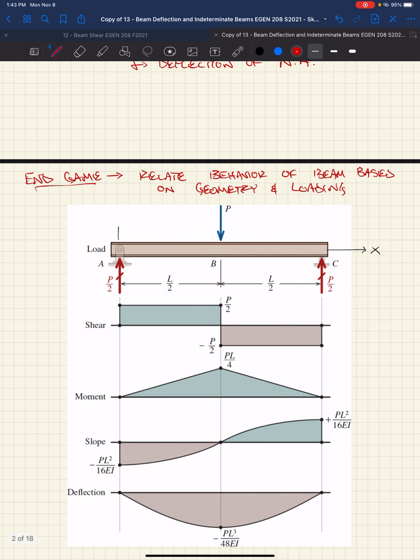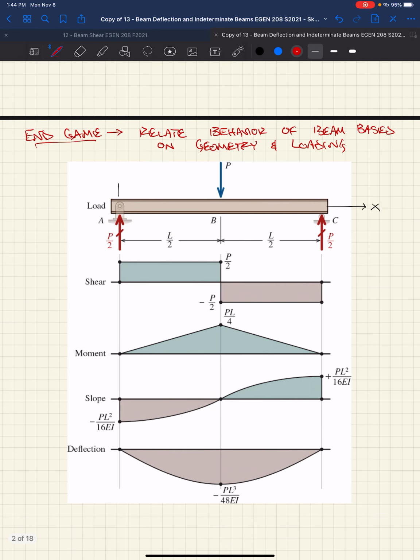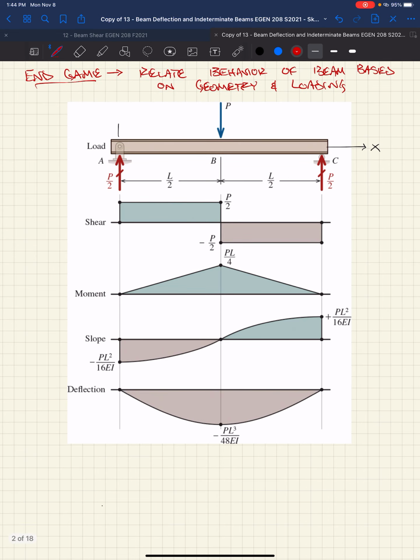Which is what we've done up to date in this entire class, right? We're going to relate what the behavior is. For the most part, we've been relating stresses, figuring out what stresses are based on our geometry and our applied loads. Well, now we're going to figure out deflection based on geometry and applied loads.